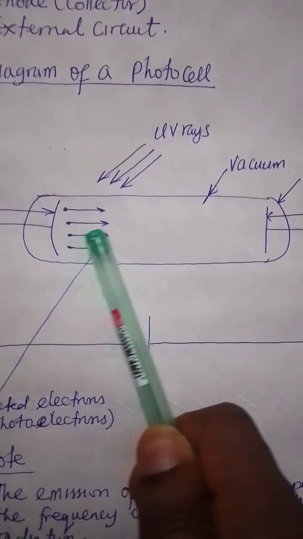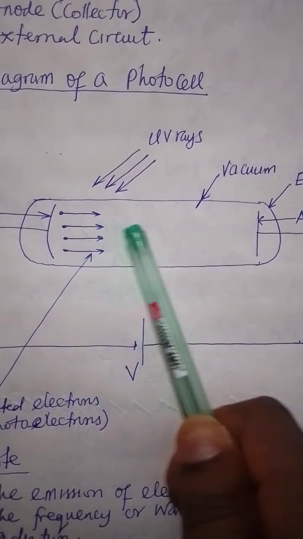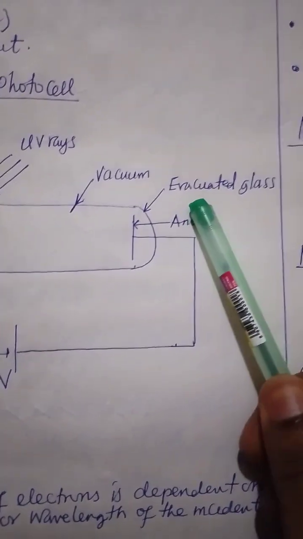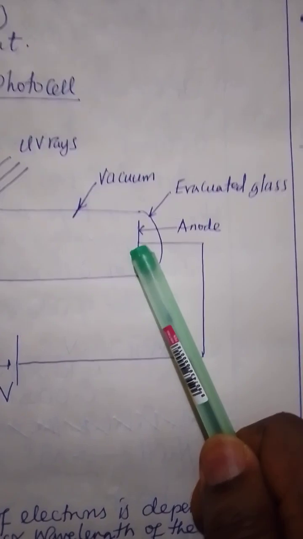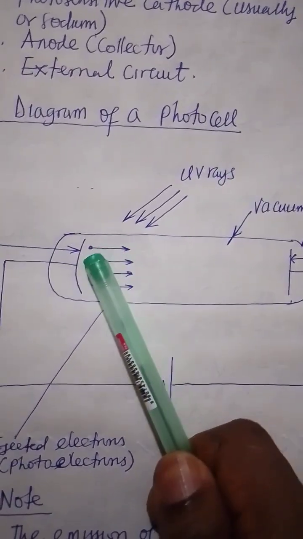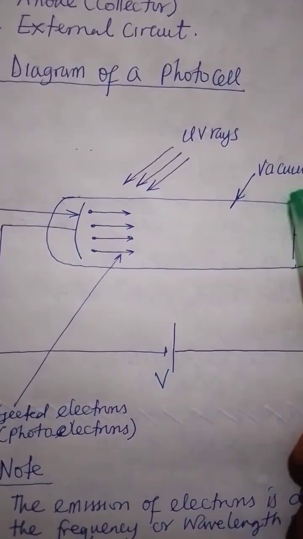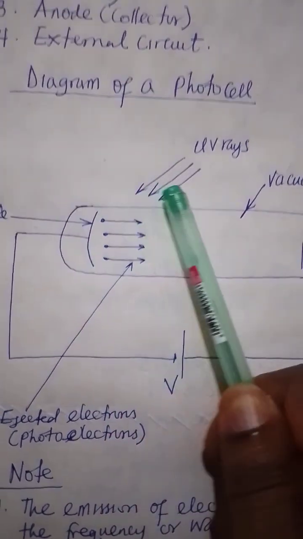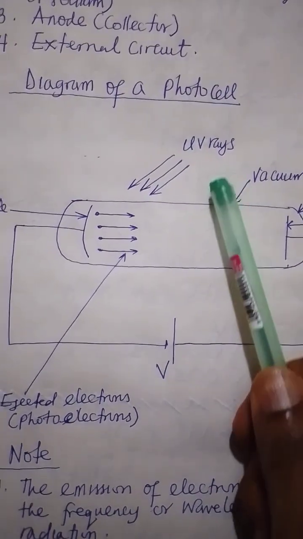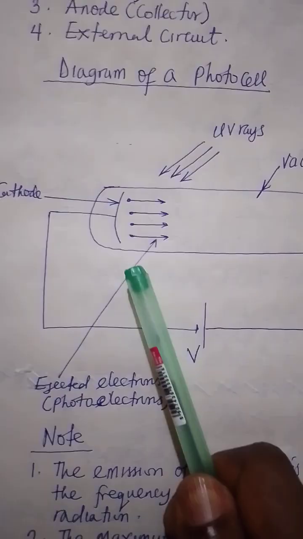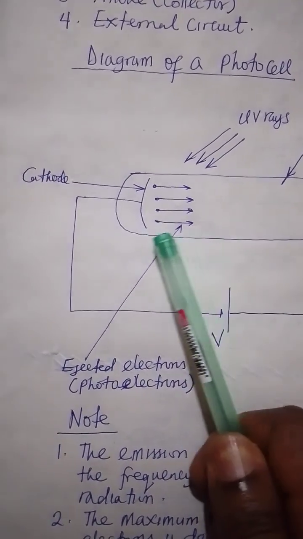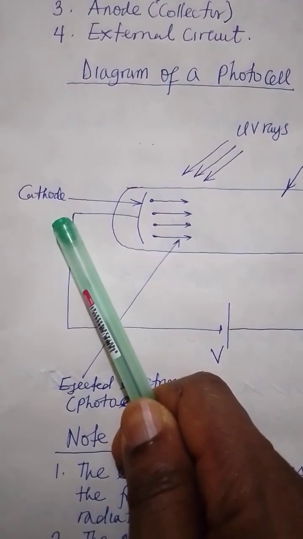This is the glass or vacuum tube, the vacuum. This is the evacuated glass. The collector, that is the anode. Of course, the evacuated glass collects the UV light, that is ultraviolet rays, which eventually causes photoelectrons to be ejected from the cathode.